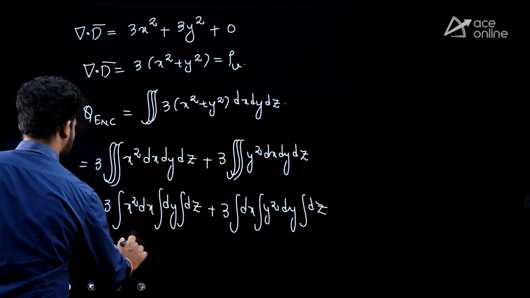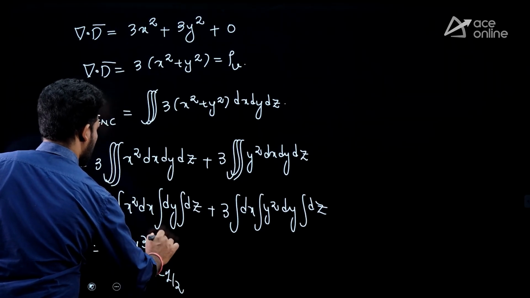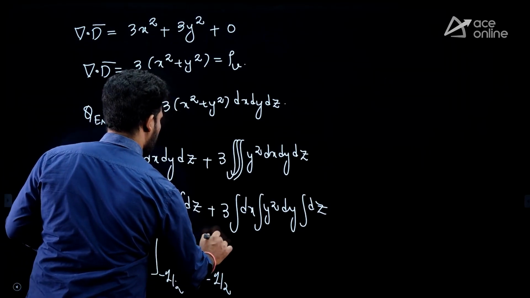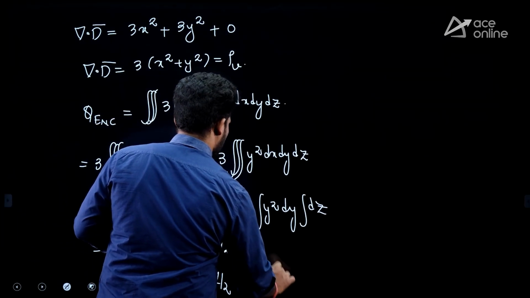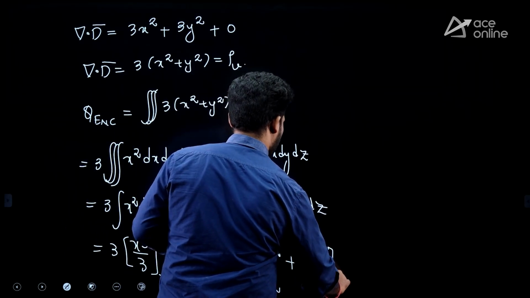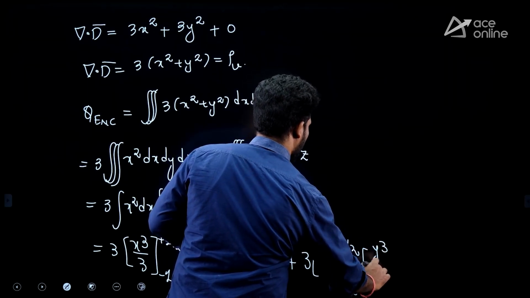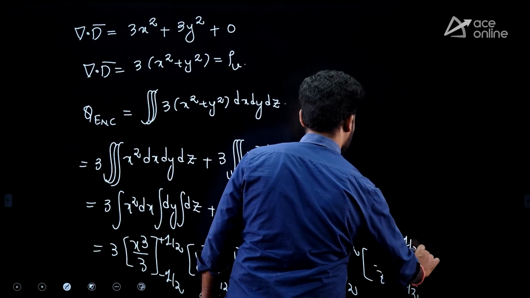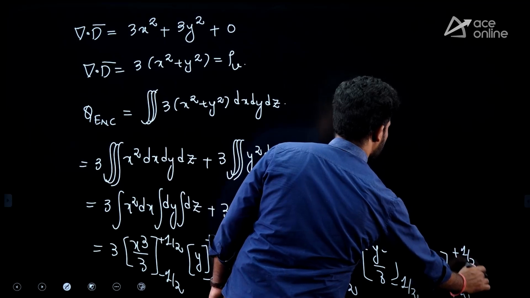Perform the integration, each variable from minus 1 by 2 to plus 1 by 2. x cubed by 3 for the first term, y for the second, z for the third.